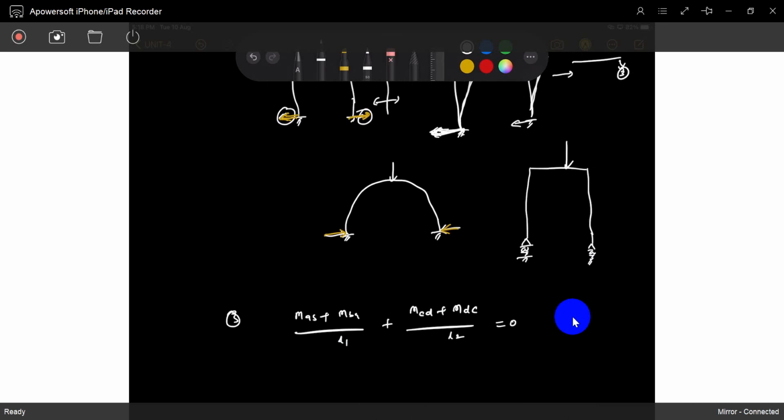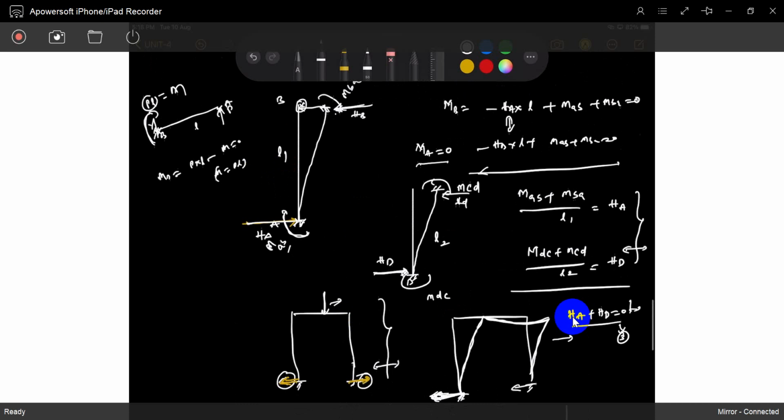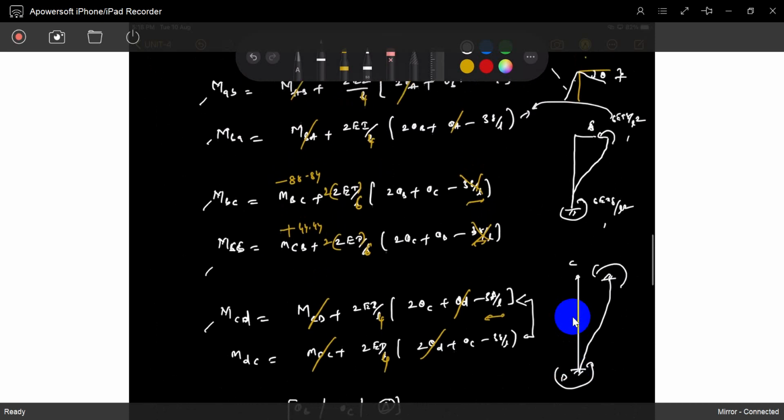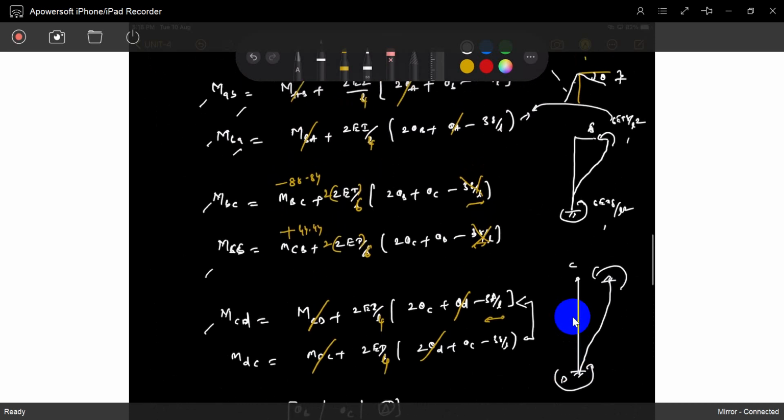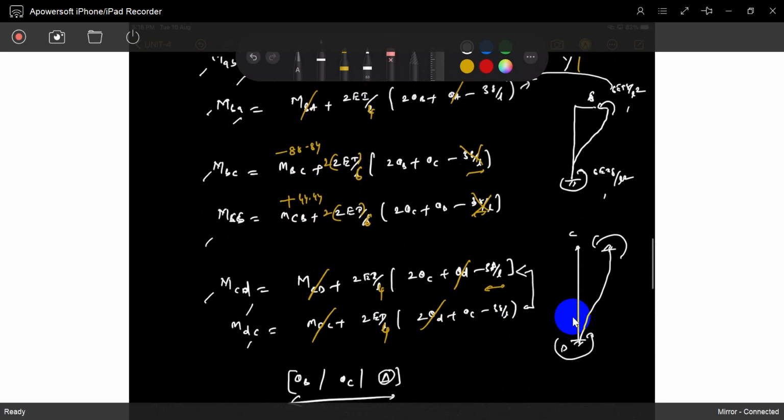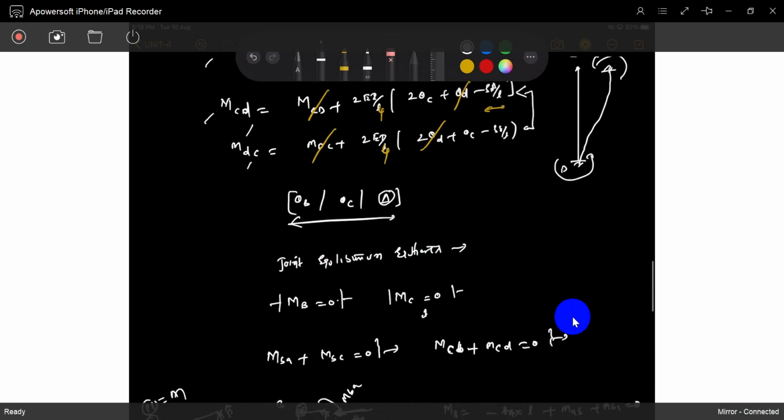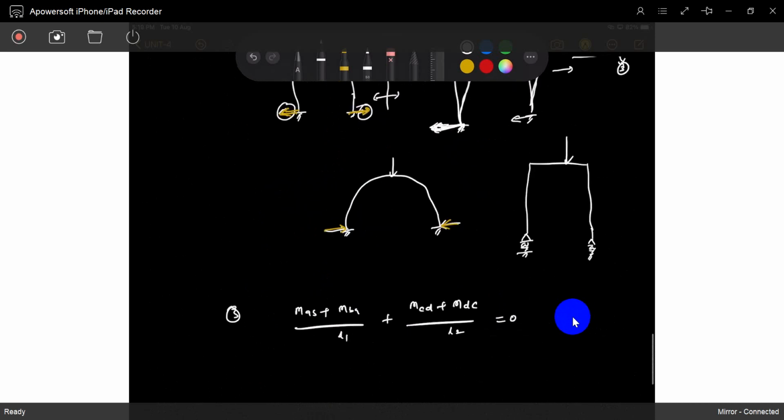Now L1 and L2 are equal. We already wrote MAB, MBA, MCD, MDC, and the two equations are also there.